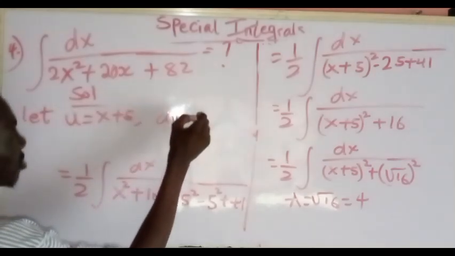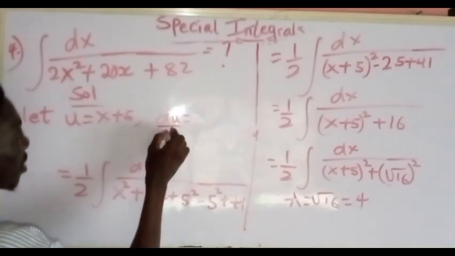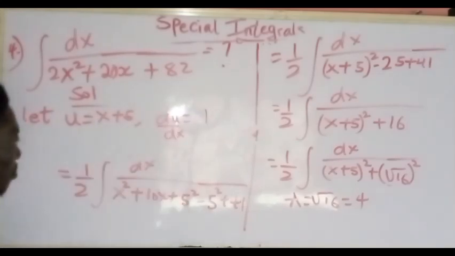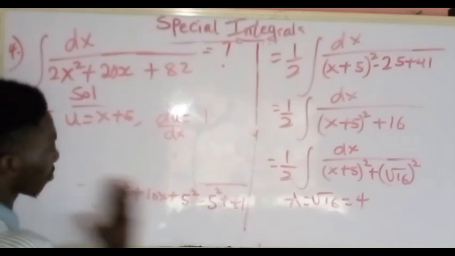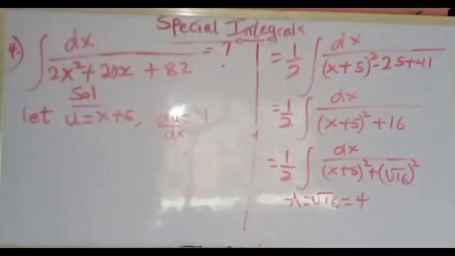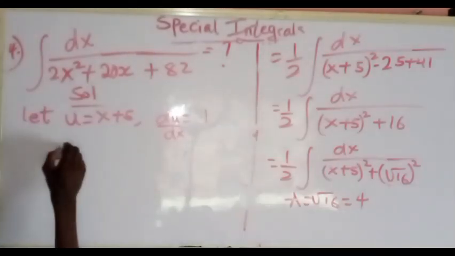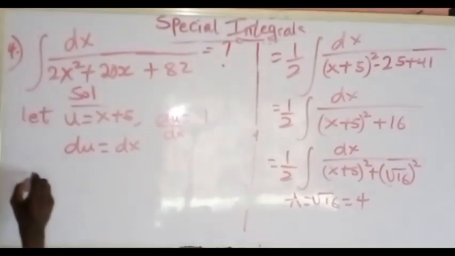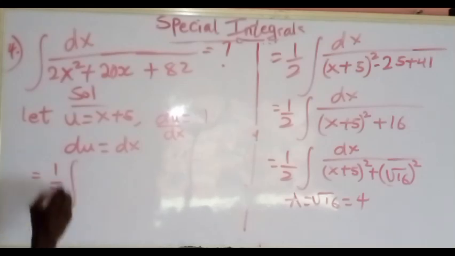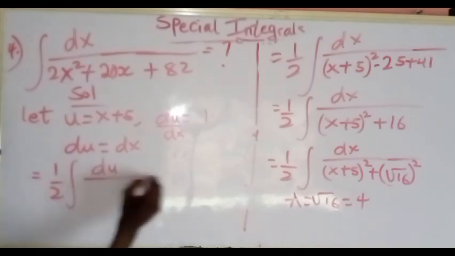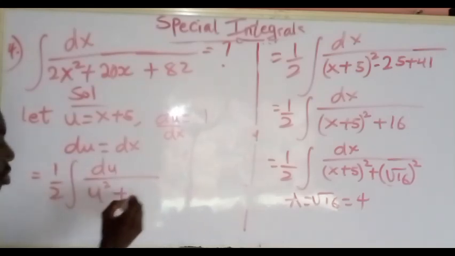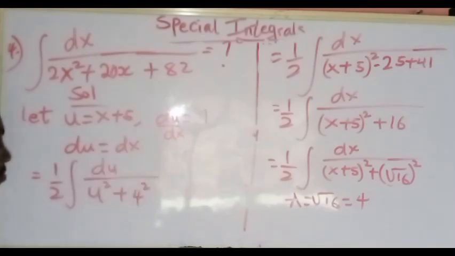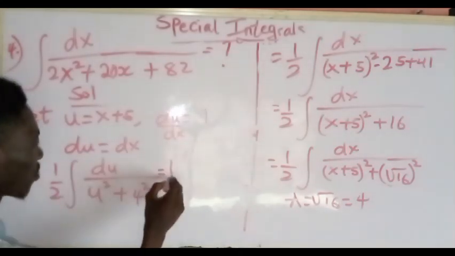So my du dx is equal to 1, and my du is equal to dx. That means the whole of this becomes 1 over 2 the integral of du over u squared plus 4 squared.